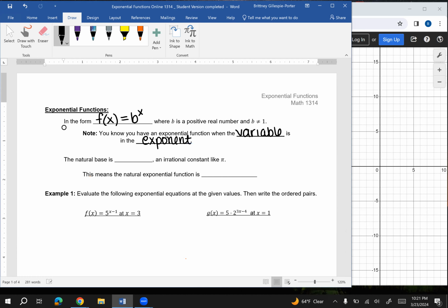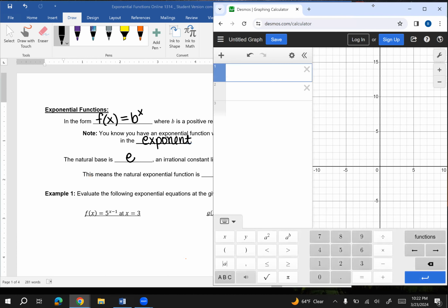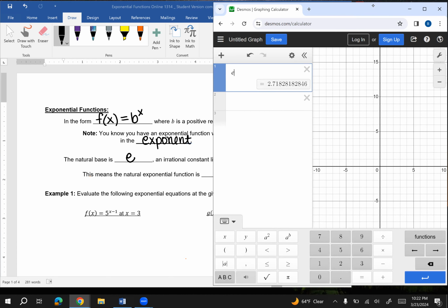The natural base is e, an irrational constant like pi. E in your calculator, if you just use, there we go, you'll notice it's 2.71828, etc. Much like pi was 3.14159, so forth and so on.